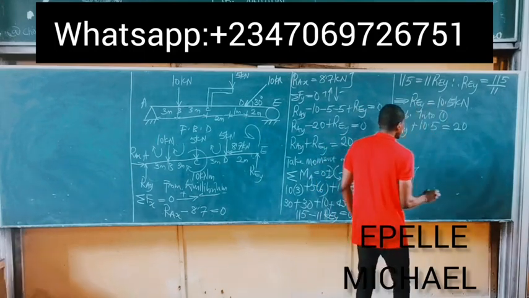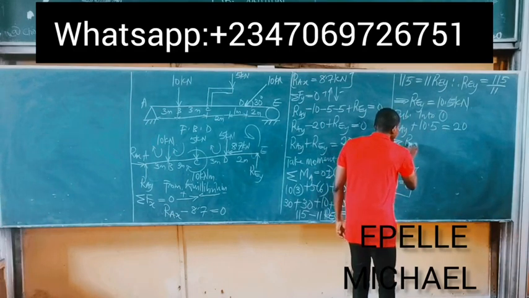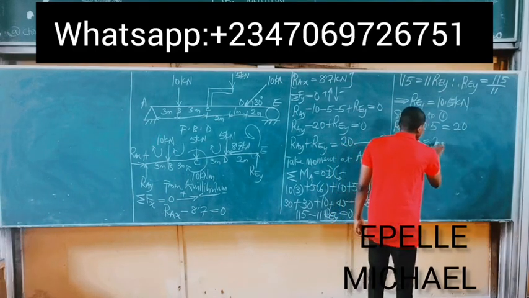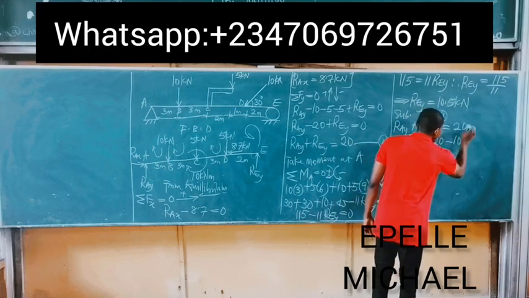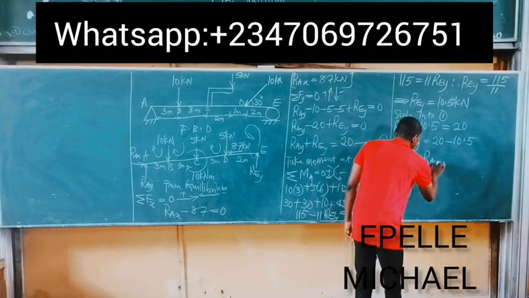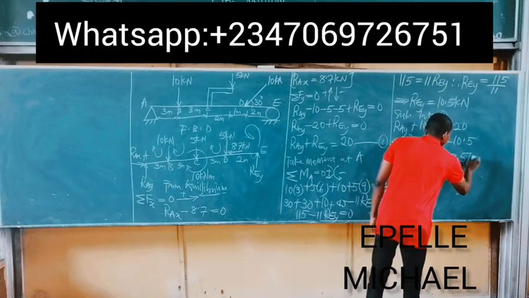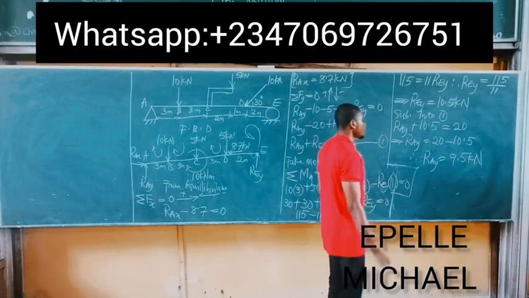So send 10.5 over here. This simply becomes RAY is equal to 20 minus 10.5, and therefore the reaction at point A, RAY, is simply equal to 9.5 kilonewtons.